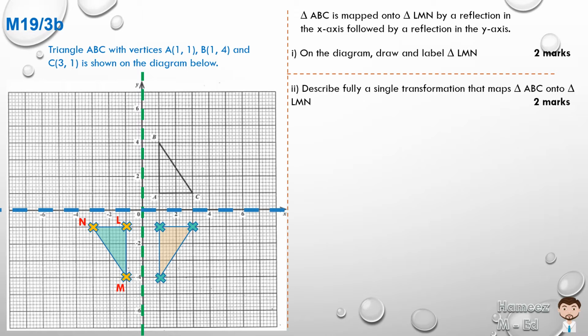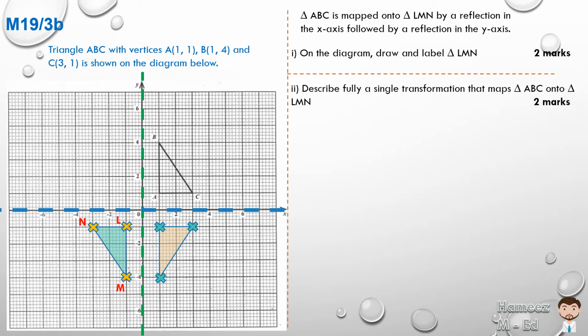One is a translation or a slide, and we can see that this doesn't slide here because if it slides, the orientation remains the same, meaning that the general direction in which it's pointing will remain the same, and it doesn't. The second type will be a reflection, and no one single reflection will move ABC onto LMN.